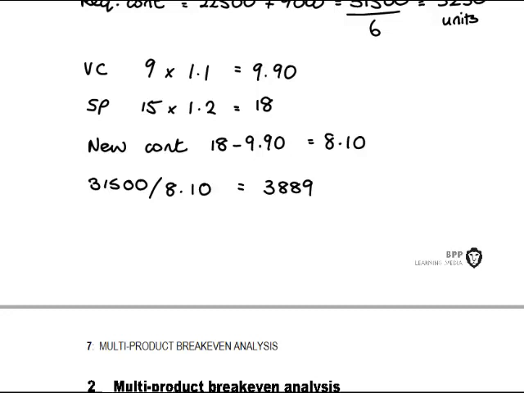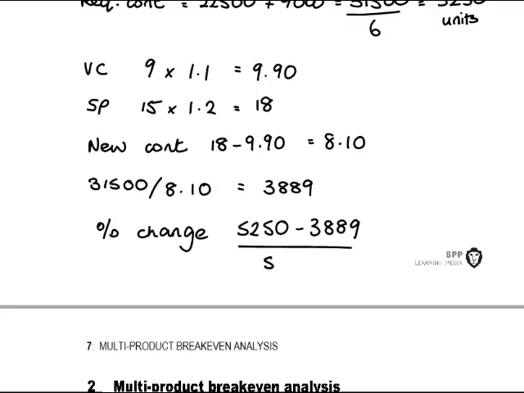So the percentage change is going to be the difference between what we did have to sell, which was 5,250, and 3,889 as a percentage of 5,250. And that comes to 26%.